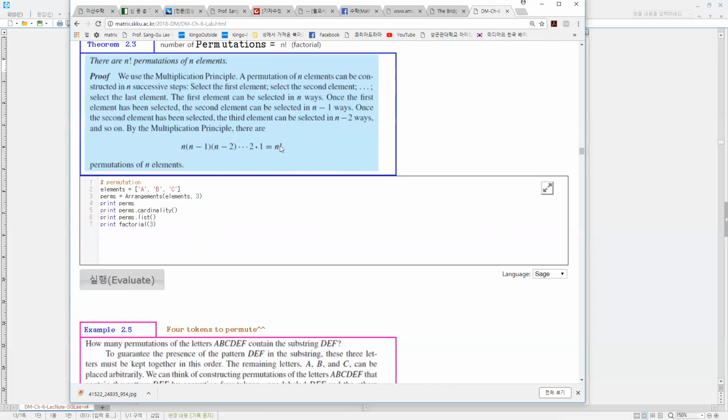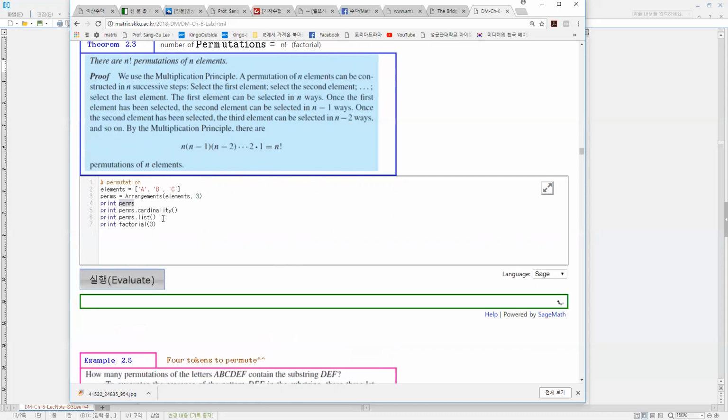So it's going to be n factorial permutations of the elements. So by the multiplication principle, this can be done here. Suppose you have 3 elements, then find the arrangements of these 3 elements and the permutations. Then count the cardinality of them.